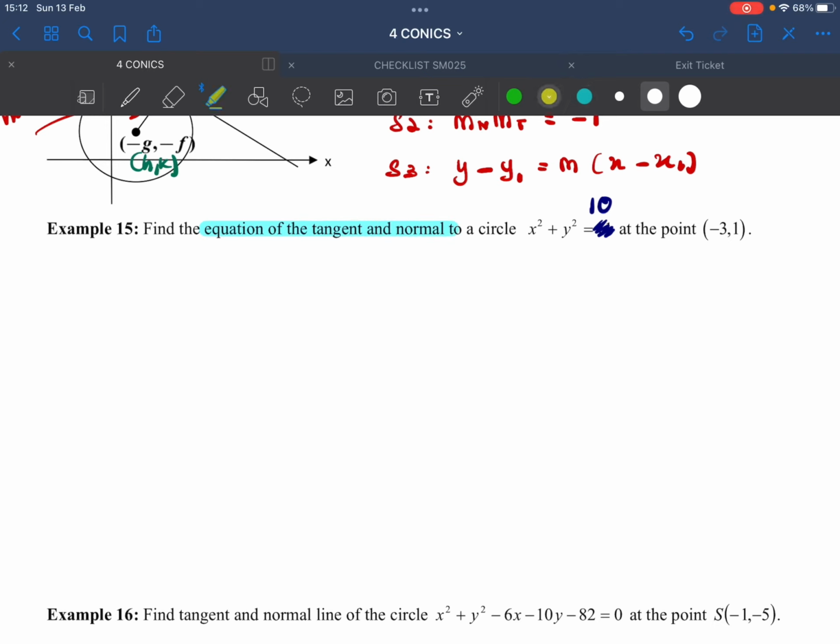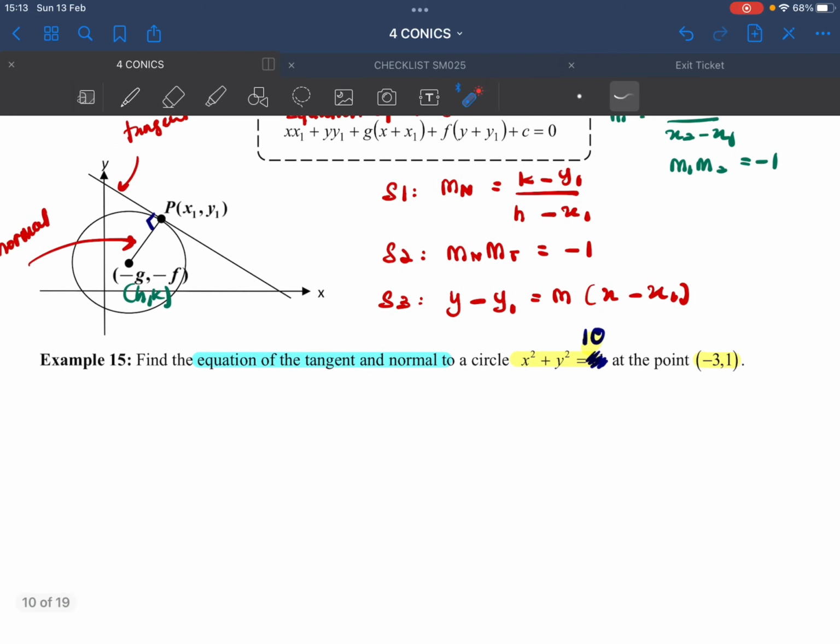Here we have the equation of circle, where we know the center is at (0, 0). This is the standard equation for the circle at the origin. We have to find the equation of tangent and normal at point (-3, 1). We are going to use this method first.